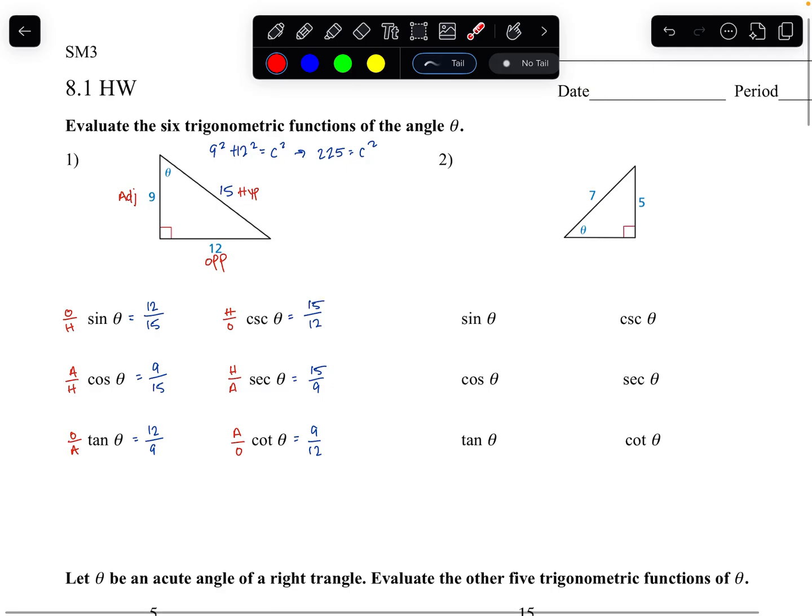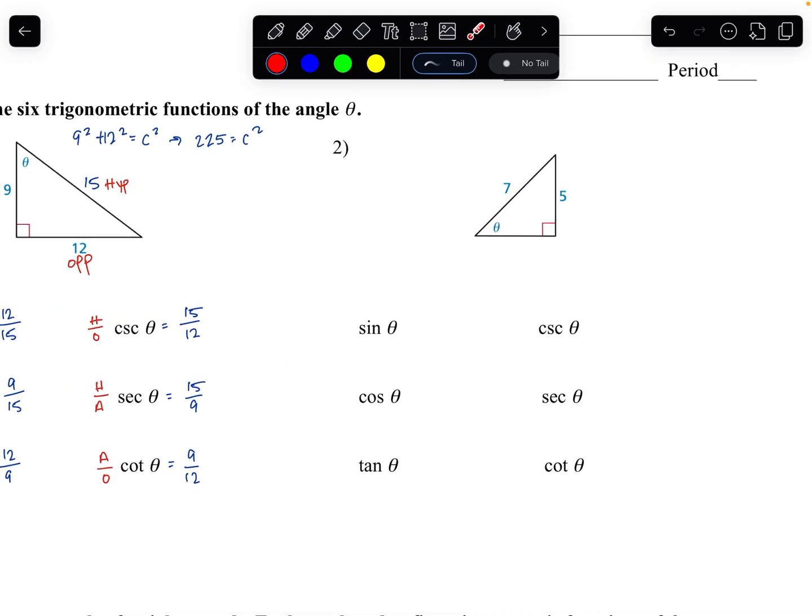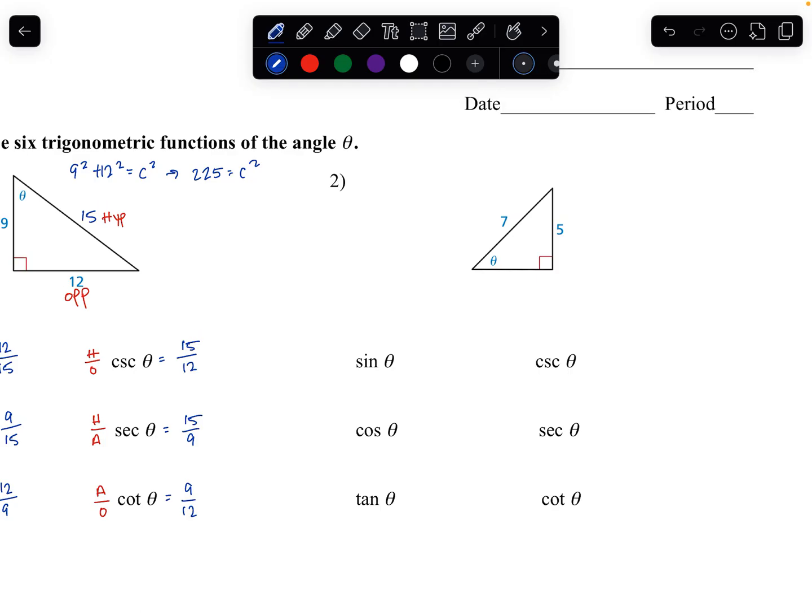Okay, and then for 2, likewise, we need to find the missing side. However, this is not the hypotenuse like it was in the previous example. And so when I set up the Pythagorean theorem, it's 5 squared plus b squared is equal to 7 squared.